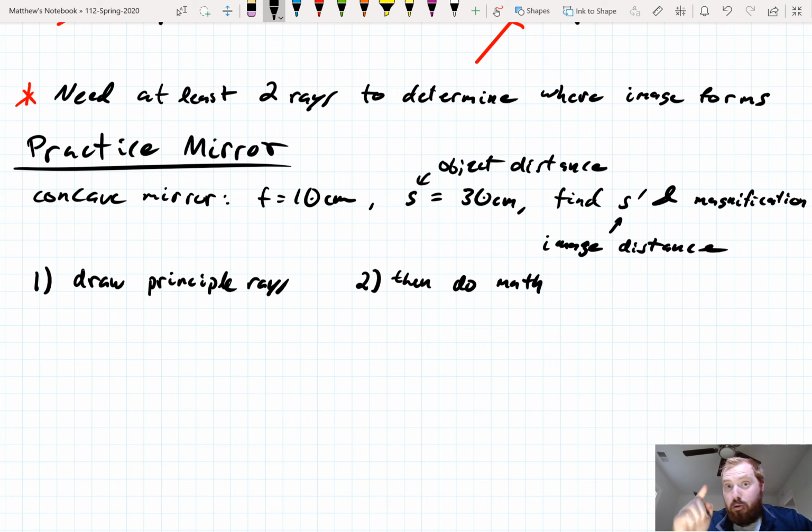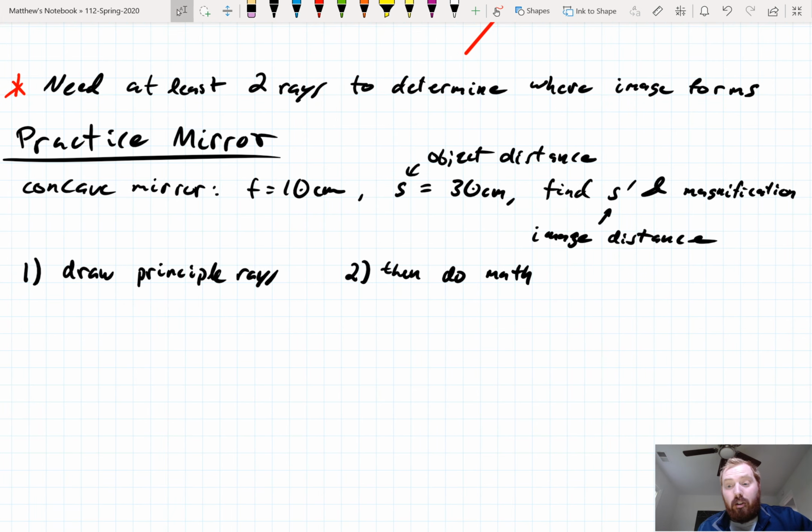If you do the math before you draw the pictures, no, cut that out. Draw your principal rays first so that when you have a bunch of math, which is just numbers that don't have any meaning, you can compare them to the pictures that give the numbers meaning. Have I made myself clear that we always do our pictures first? Always.